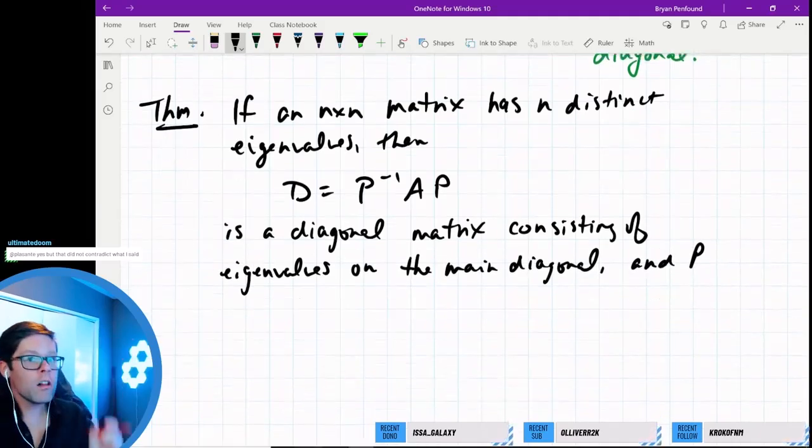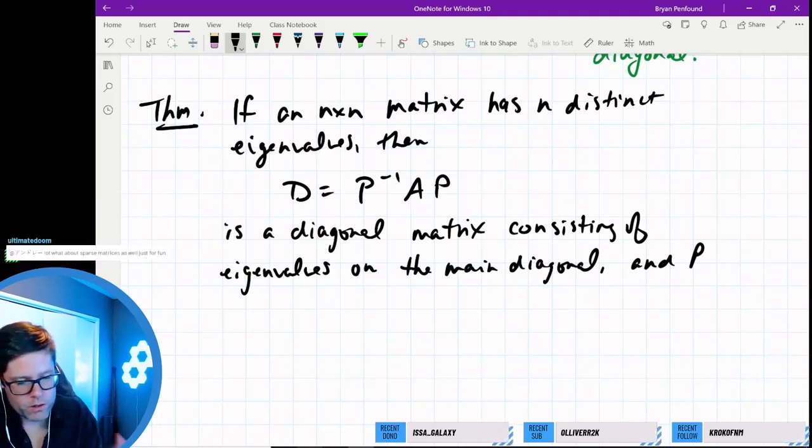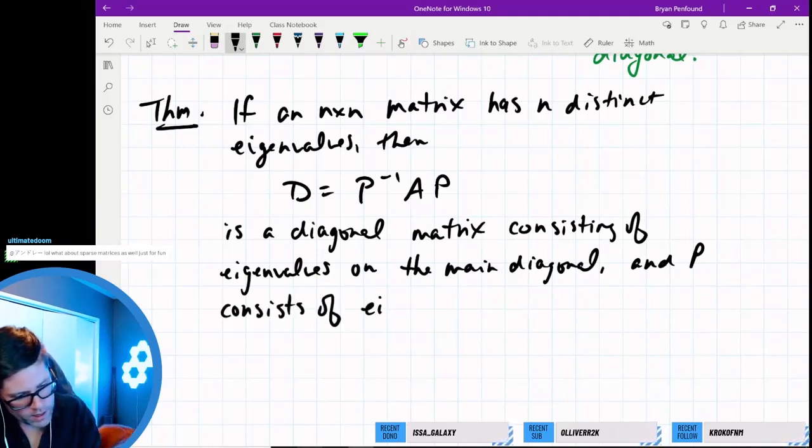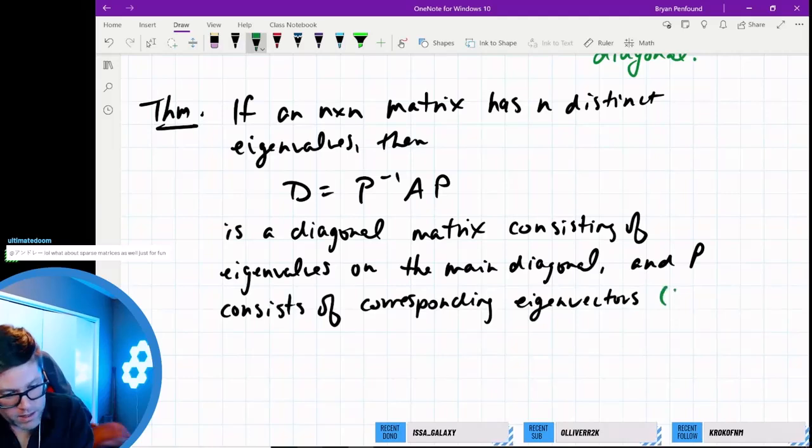P is the columns, and each of the columns in P is going to be the eigenvectors that we found from all of those particular eigenspaces. So P consists of the corresponding eigenvectors, and I mean specifically we're kind of taking the basis vectors.